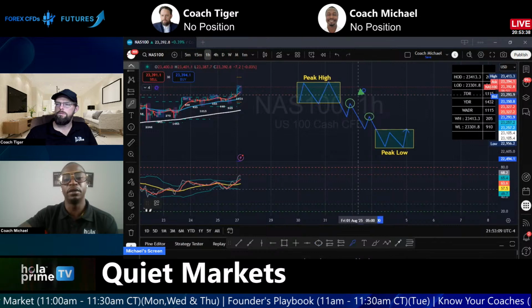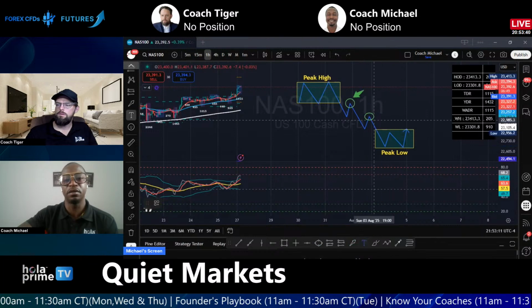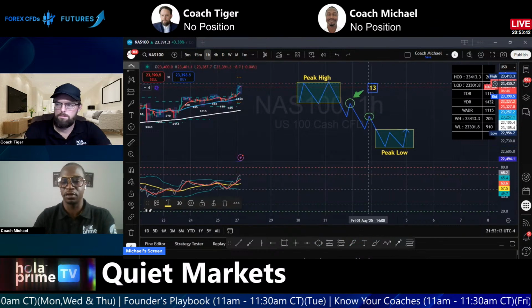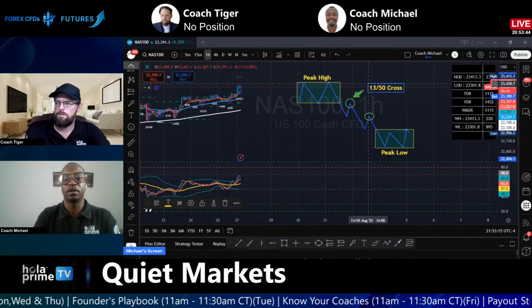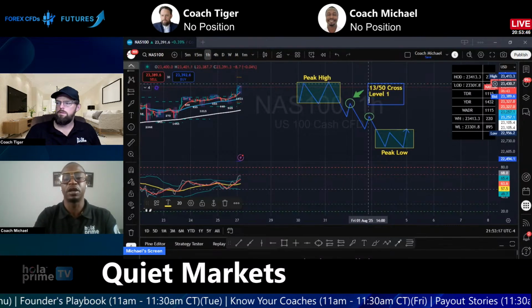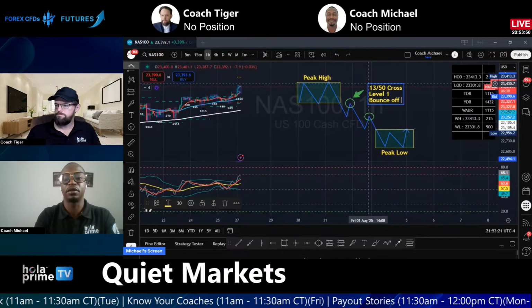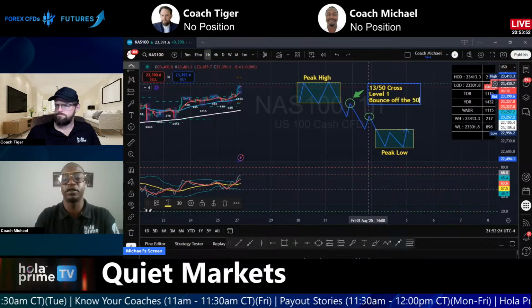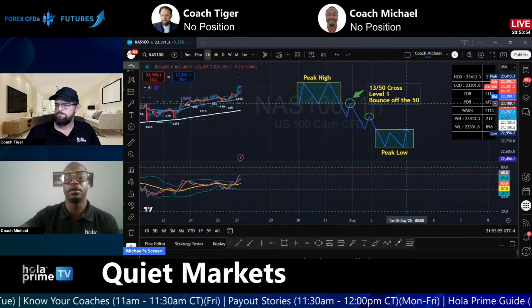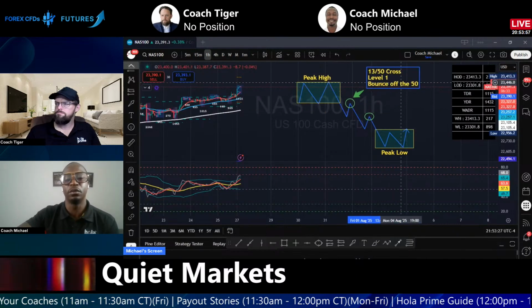Now in level one, what happens is the EMAs have a 13/50 cross, and I know I'm in level one. I'm looking for basically bounce trades, bounce off the 50 EMA. So that's what I'm looking for in level one.